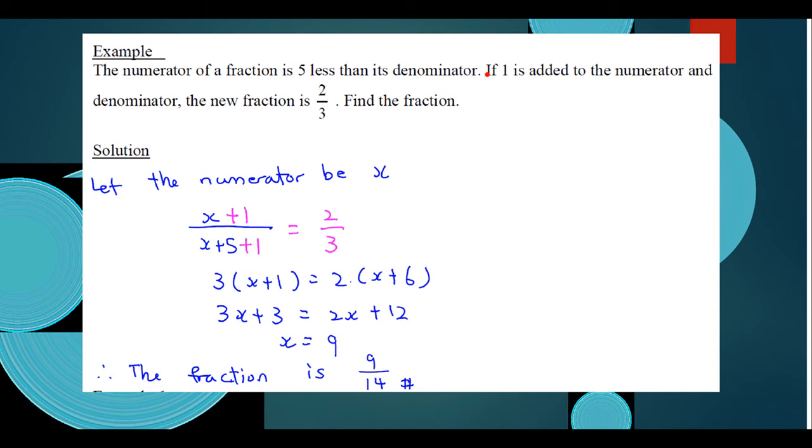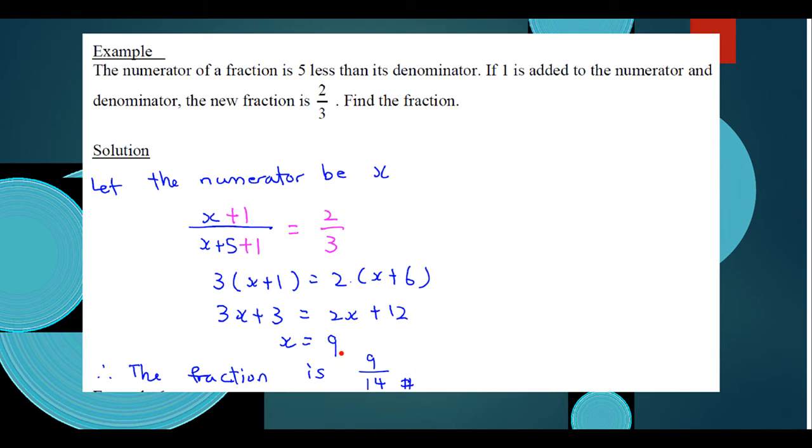Now next, I have to form the equation. They say 1 is added to the numerator and denominator. So I add 1 and I add 1. The new fraction is 2/3. So it's equal to 2/3. And there I go. I have formulated an equation. So with this, I can simply cross multiply, expand the brackets, and solve for x.